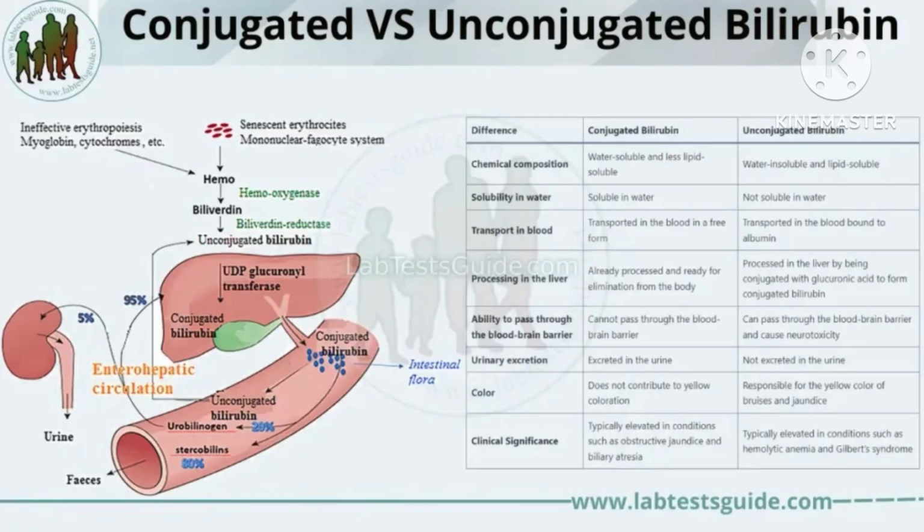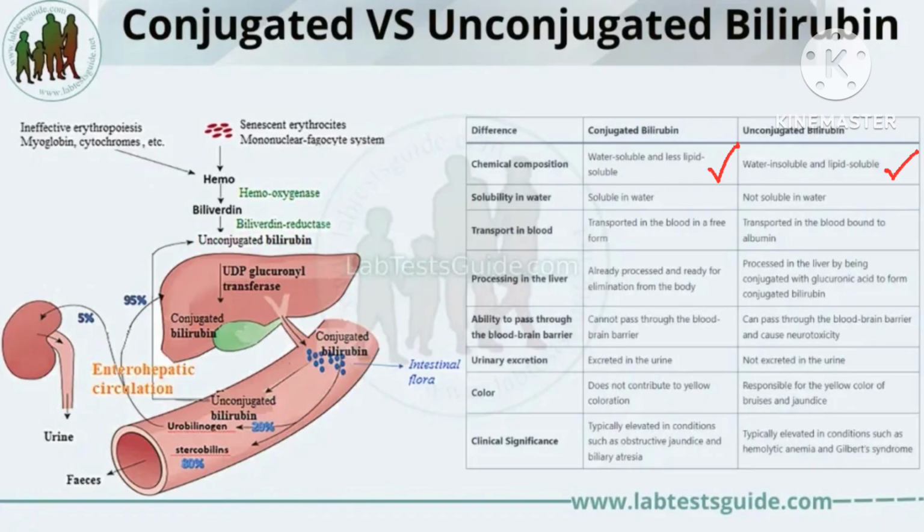Now that we have an idea about what bilirubin is, let's see the difference between conjugated and unconjugated bilirubin. As discussed earlier, unconjugated bilirubin is not soluble in water and is lipophilic, compared to conjugated bilirubin, which is water-soluble but less lipid-soluble.